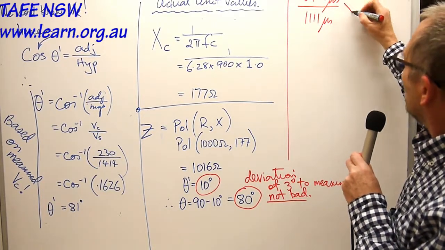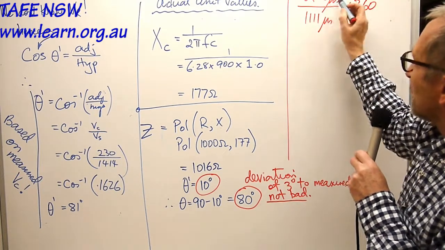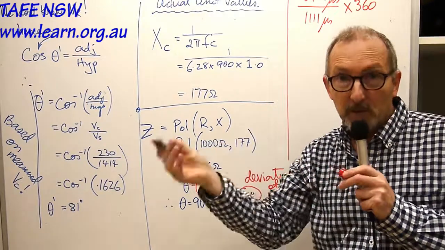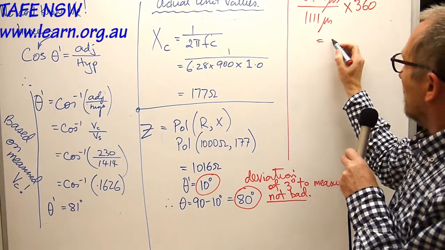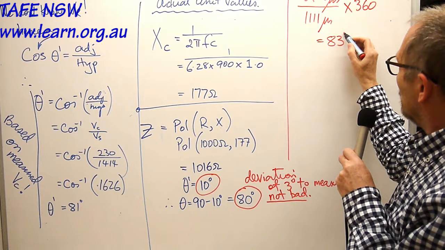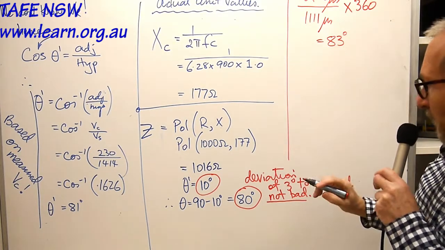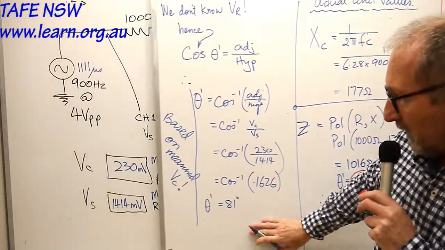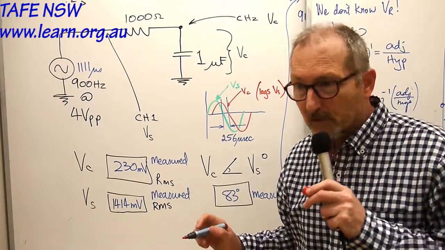And that'll be times 360 degrees. So that's the time difference that we measured. That's the period for the frequency that we're working at. That's 360 degrees, and that gave me around about 83 degrees of separation. I think that's what I got. Let's just check. Yes, I got 83 degrees of separation.